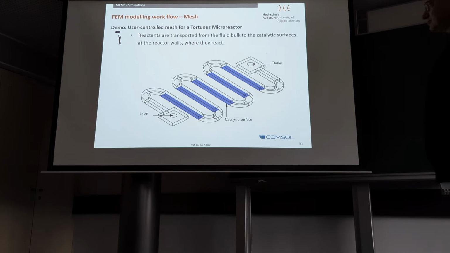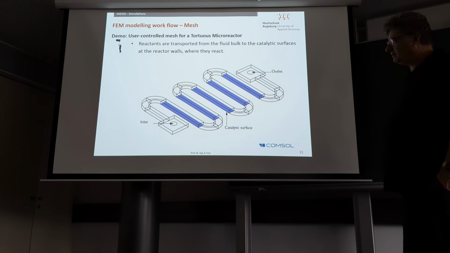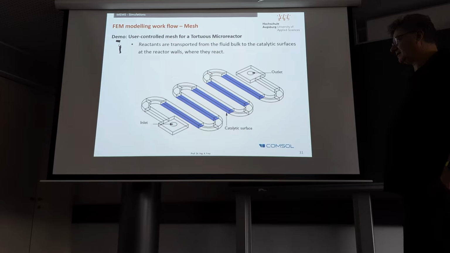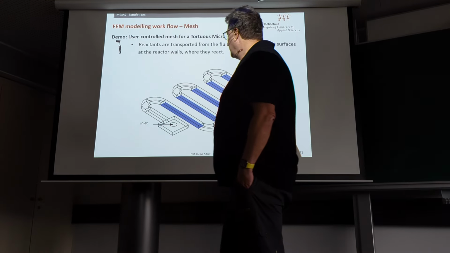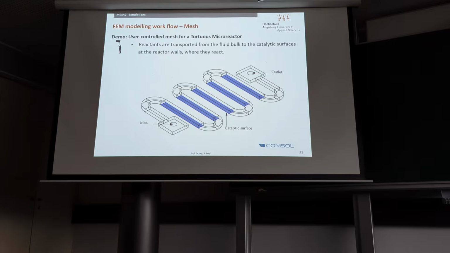What structure we are dealing with here, and what is the motivation for doing certain types of meshing techniques. This is a geometry from a reactor on a microscopic scale. So that could be an extension, I don't remember precisely, but maybe some millimeters, could be even smaller, could be even fractions of millimeters.